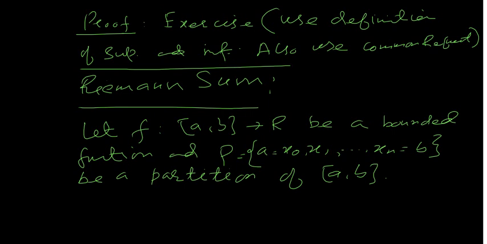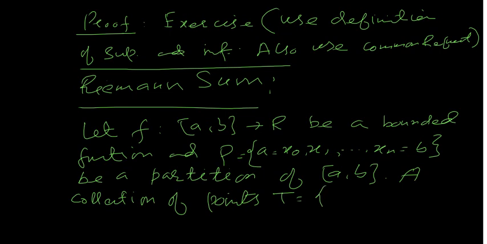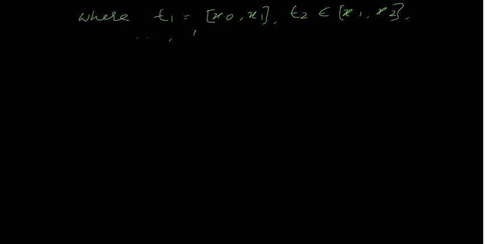Let's choose the collection of points t = t1, t2, and so on up to tn, where t1 belongs to the first subinterval [x0, x1], t2 belongs to the second subinterval [x1, x2], and so on, tn belongs to the last subinterval [x(n-1), xn]. So this is the collection of points.